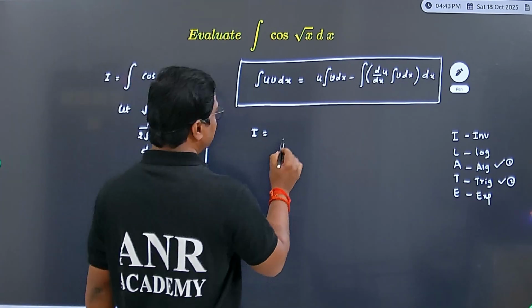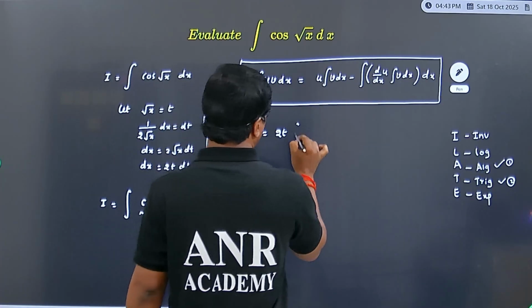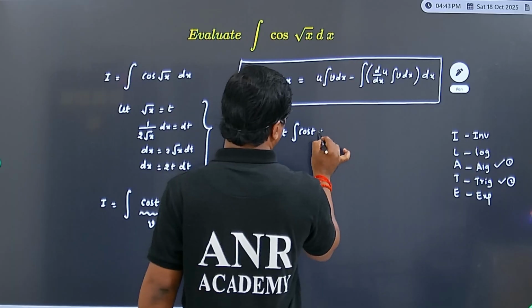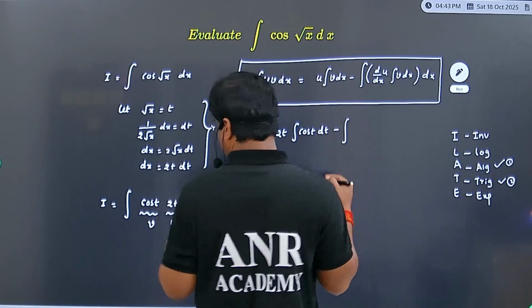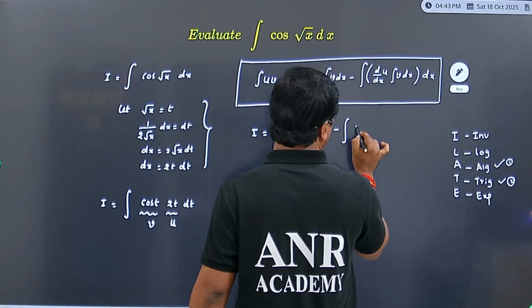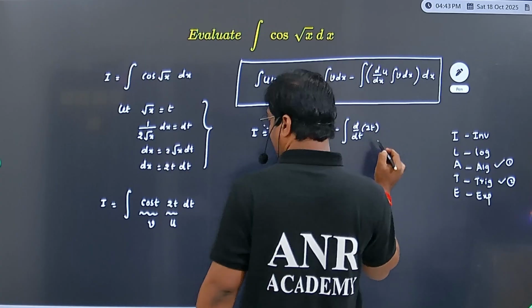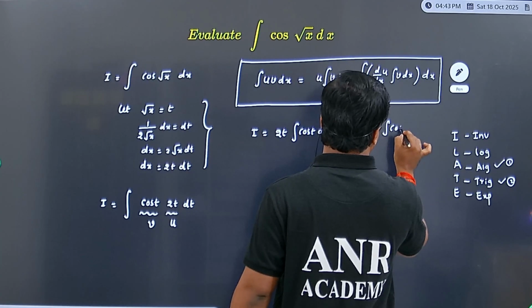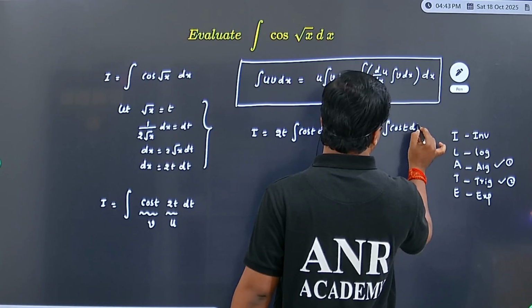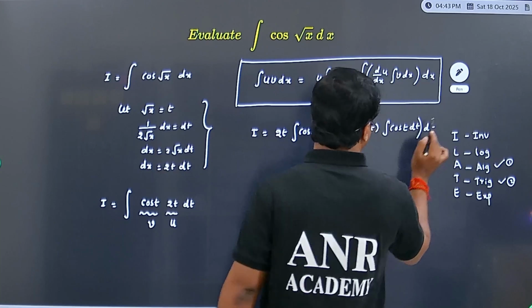First u, that is 2t. Next integral v dx, that is integration of cos t dt. Next minus integral d by dx of u, 2t derivative, d by dt of 2t we have to write. Next integral v dx, that is integral cos t dt, whole dt it is.